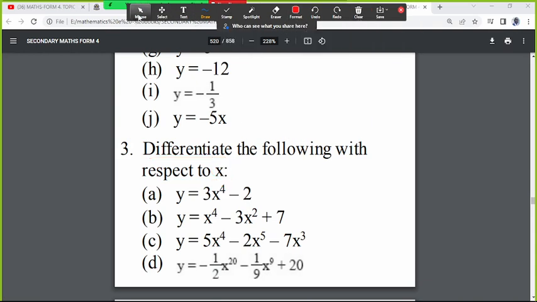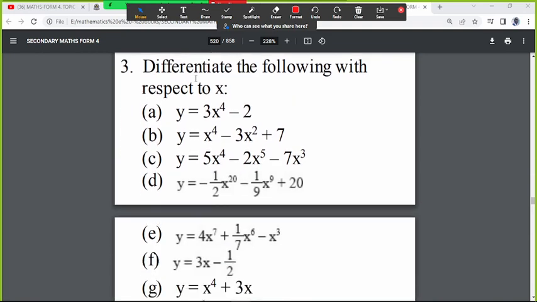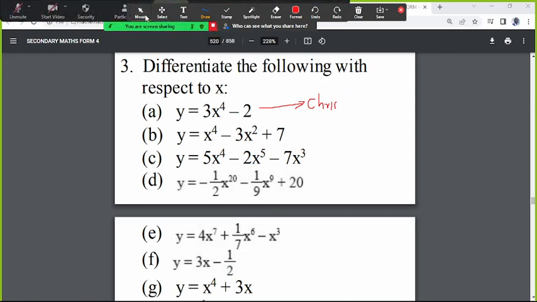Let me allocate. I will allocate this one. Yeah. Yes. Can you reshare the screen? Oh, the screen is nowhere. Yes.